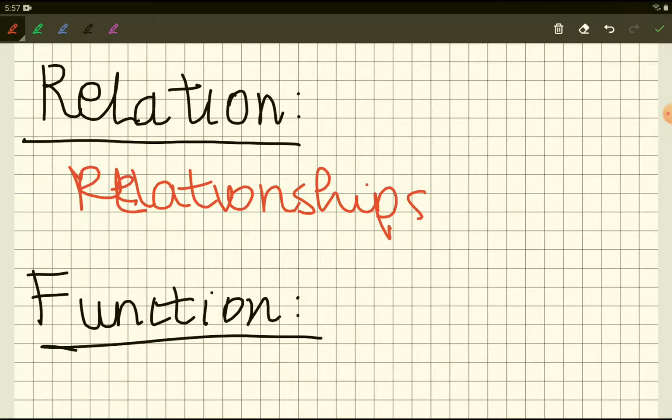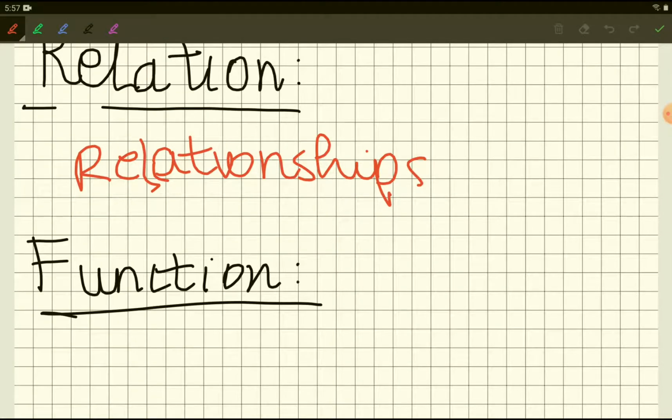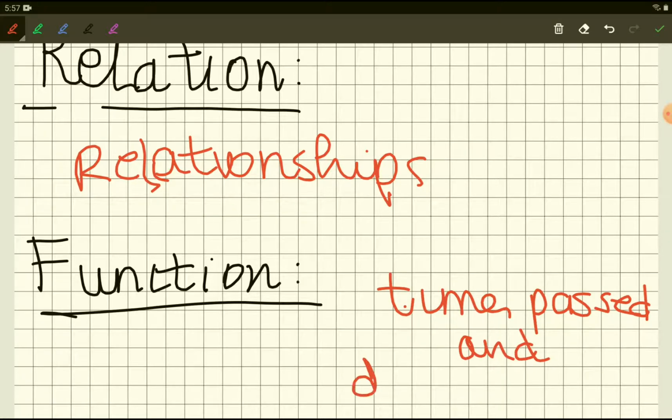It's all about how to describe, how to put in math language, a relationship between any two objects or any two ideas. A really classic example would be the relationship between time passed and distance traveled.